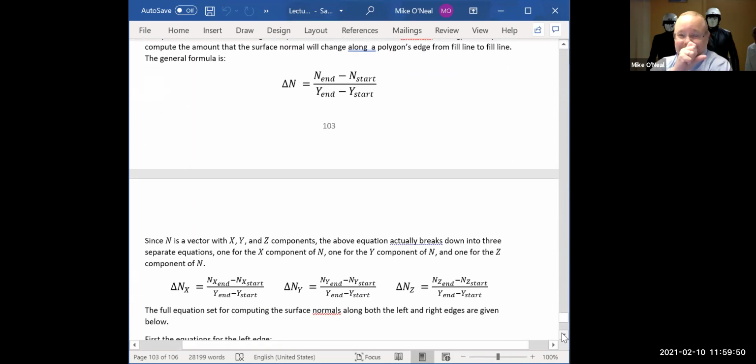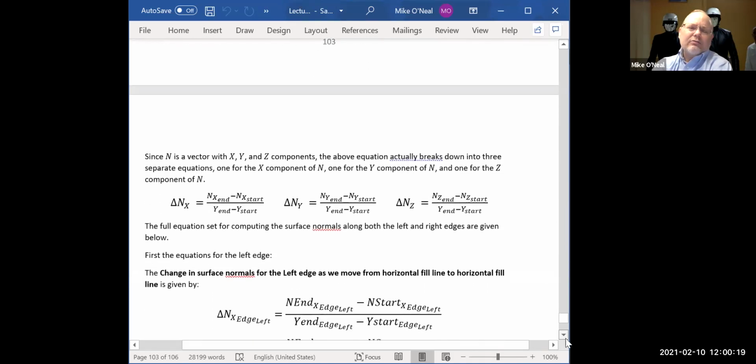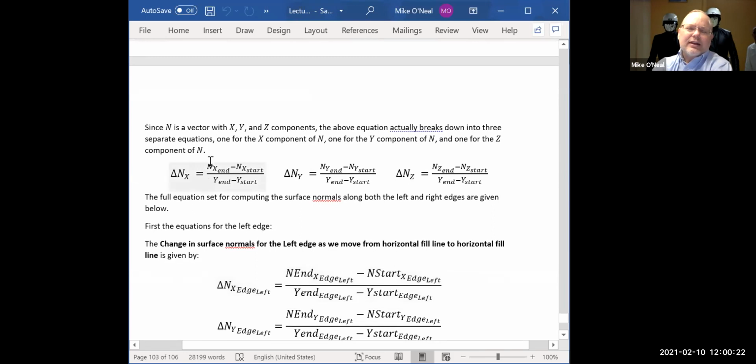There's one little thing you have to remember. The delta of the surface normals is the same: the vertex normal at the end point minus the vertex normal at the start point, divided by the number of steps, y end minus y start. There's a little catch, of course, because while the y's are scalars, the n's are vectors, so you have to remember it's a normal x, a normal y, and a normal z.